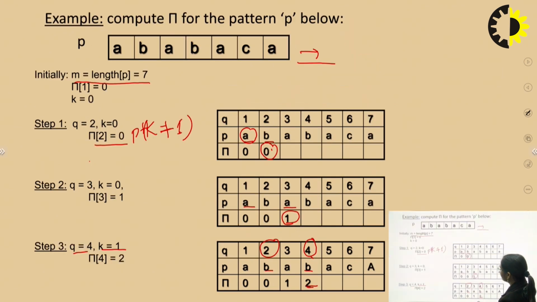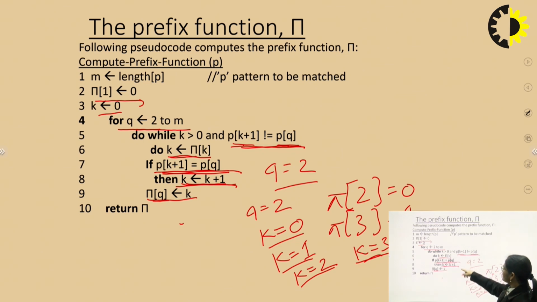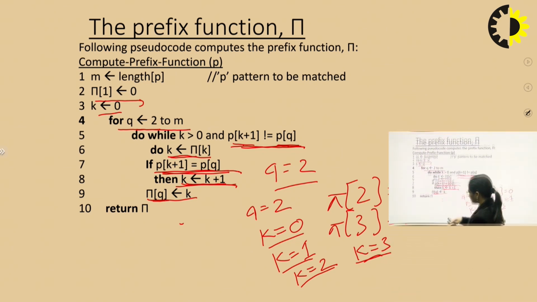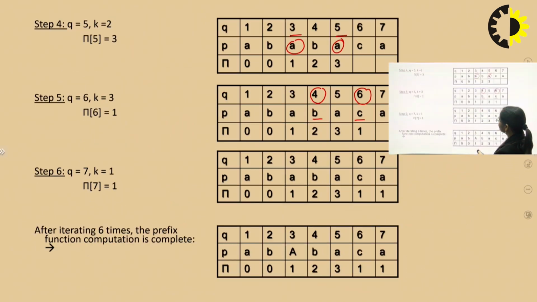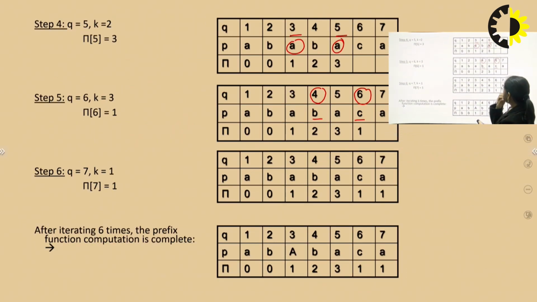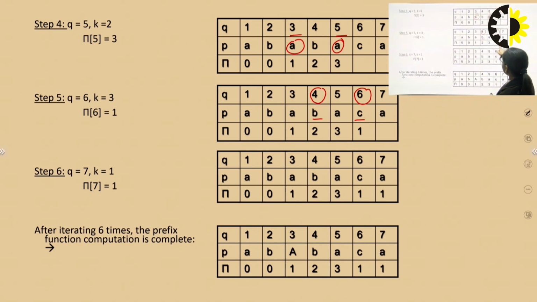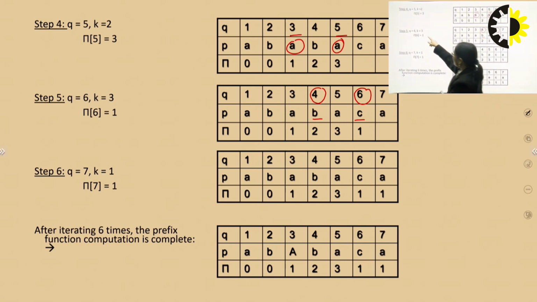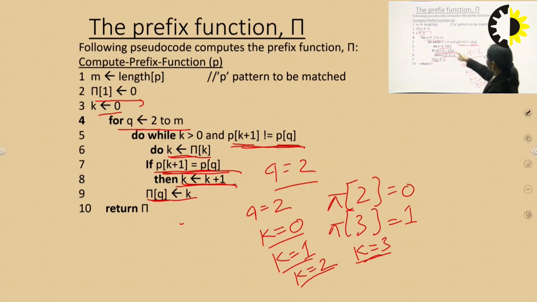If it doesn't match, then we have to check the step: while k is greater than 0, because the value of k equals 3 and p[k+1] doesn't match with p[q].